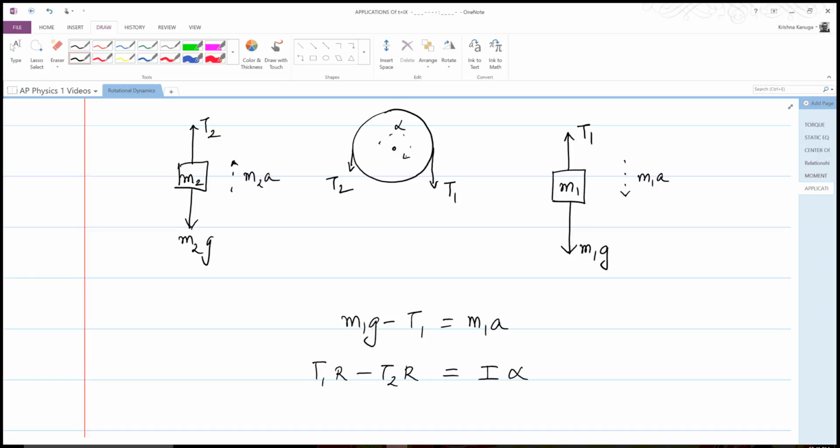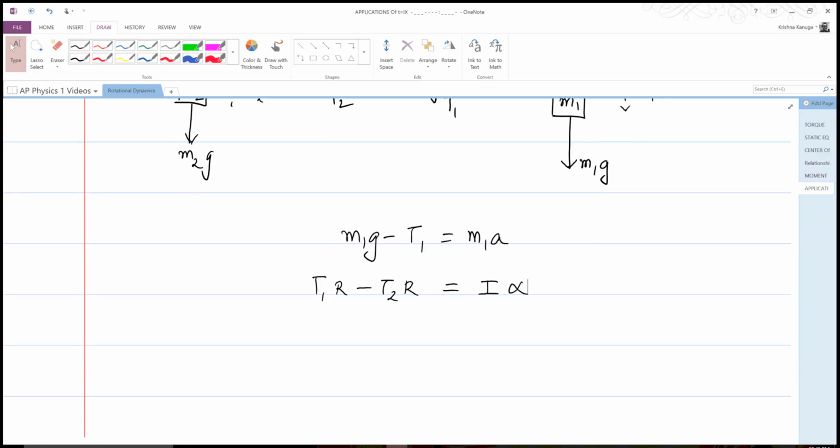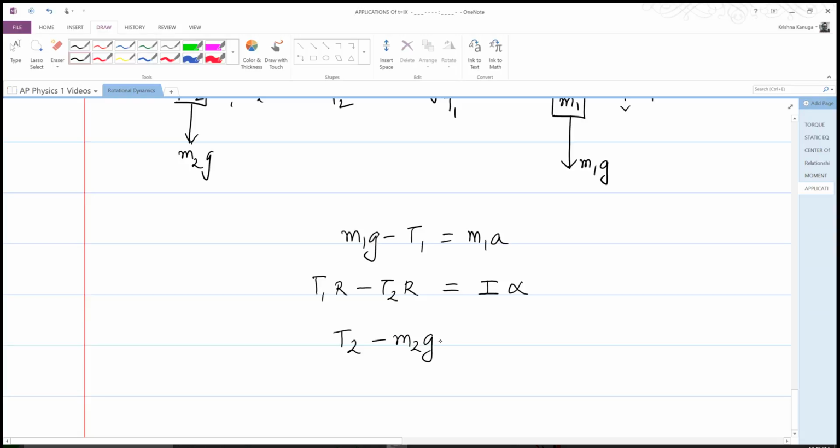If we were to stick with the previous logic of counterclockwise being positive and clockwise being negative, then we would have to put another negative sign with I alpha, because we know clearly that it is spinning in the clockwise direction. So that's how it gets rid of all that, and frankly it's easier to just write it this way. My third equation will be T2 minus M2g is equal to M2a.